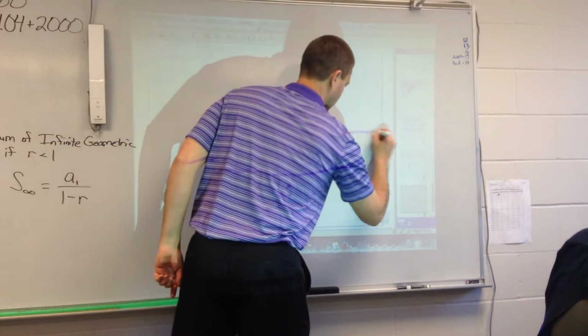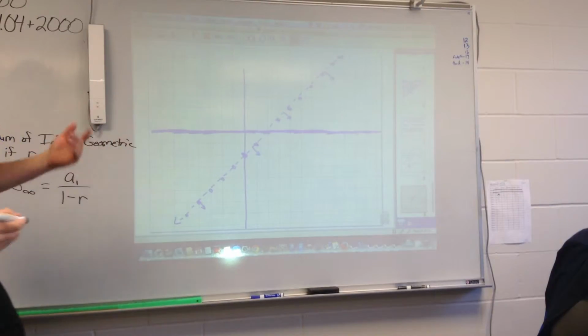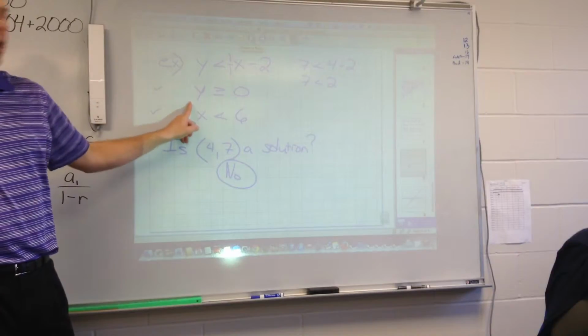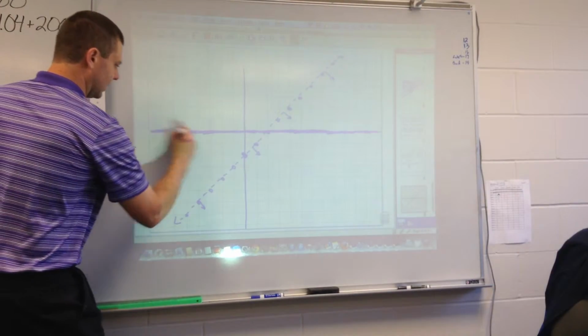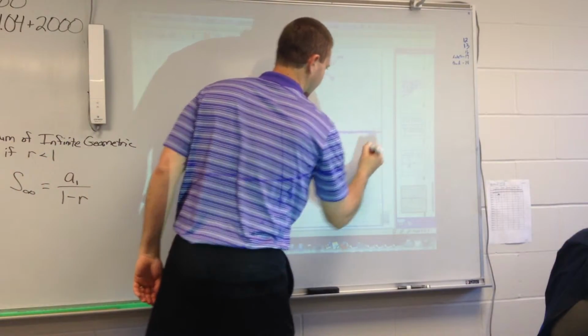It's solid too, right? Solid line at 0. Y is greater than or equal to 0. So you're going to draw a solid horizontal line right here at 0.